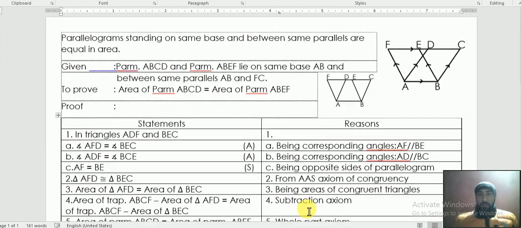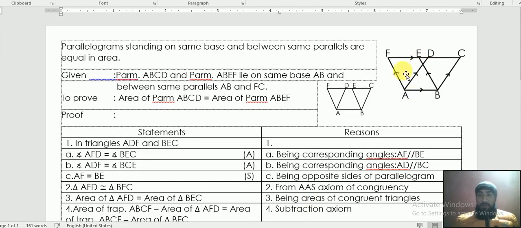So in this way, if you draw your figure by yourself, then you can draw such a figure. But if the figure is given in the question in such a way, then that figure can also be separated and made similar to the figure that you have studied in your book.